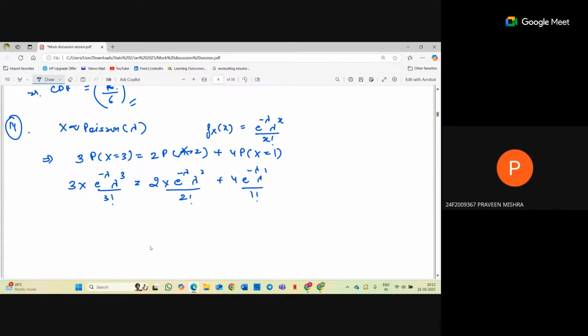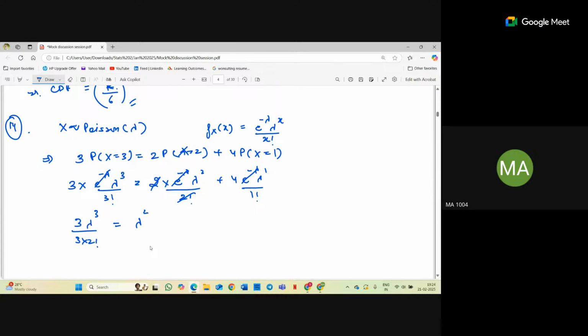Yes. Okay. Now, if you see here, e to the minus lambda will get cancelled. Also, 2 into 2 factorial will get cancelled, and this can be written as 3 lambda raised to the power 3 upon 3 into 2 factorial. Ma'am, one lambda also gets cancelled from both sides.